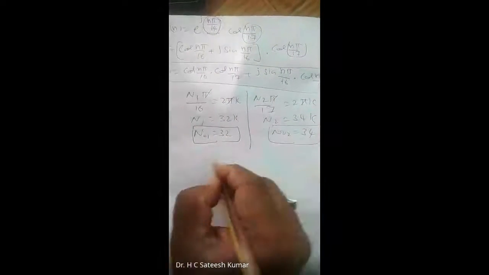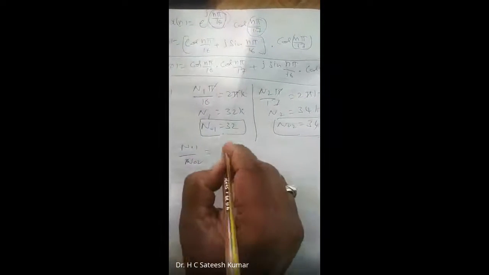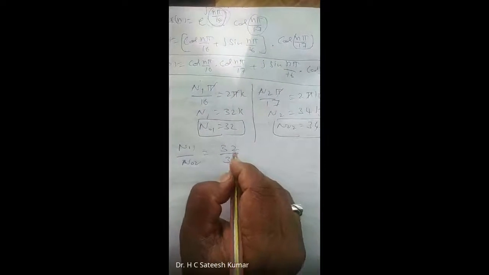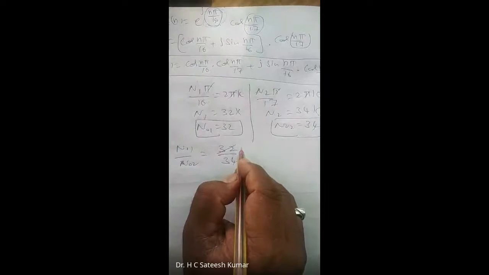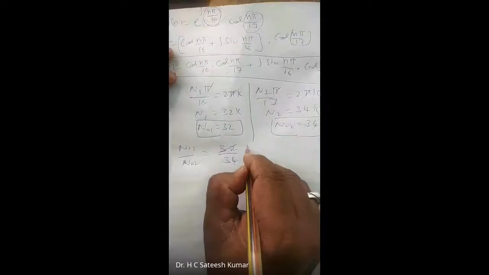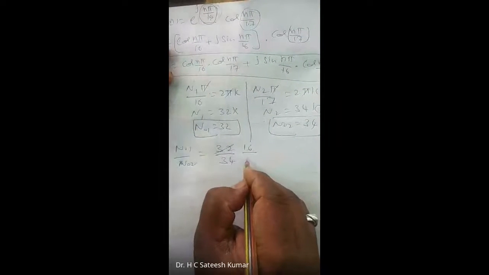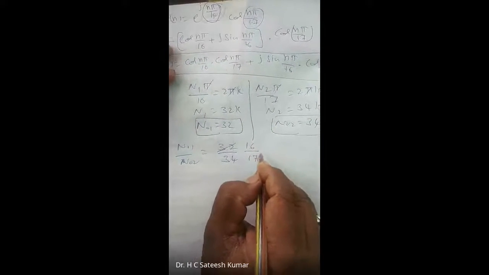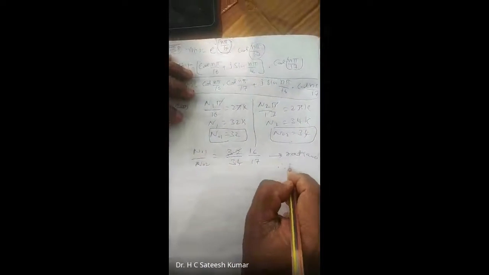Now, N01 divided by N02 is equal to 32 by 34, which is 16 by 17. 16 by 17 is rational. Therefore, it is periodic.